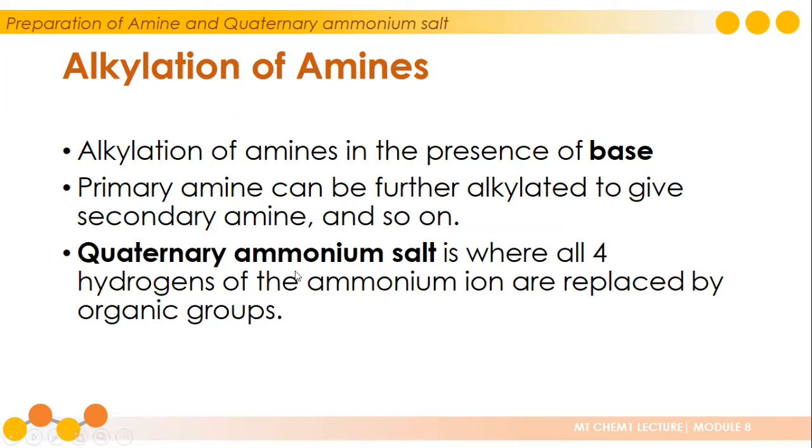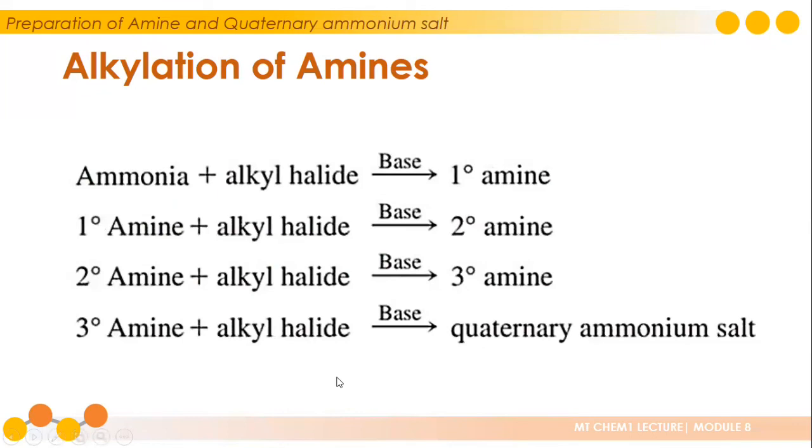Quaternary ammonium salt, on the other hand, is where all four hydrogens of the ammonium ion are replaced by organic groups, meaning there is no hydrogen existing anymore and all of them are replaced by alkyl groups. So here is the visualization of it.